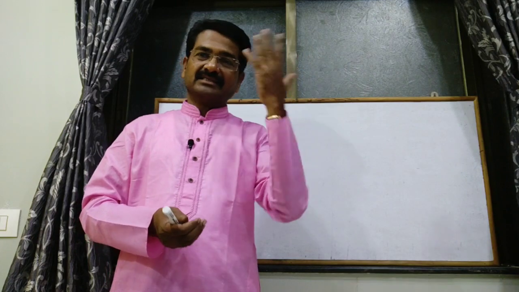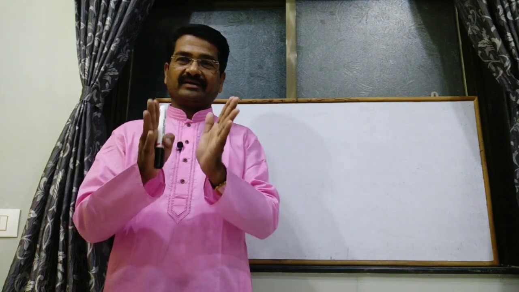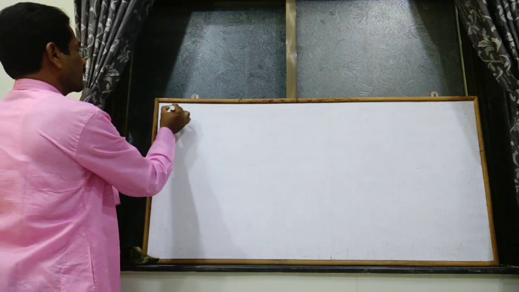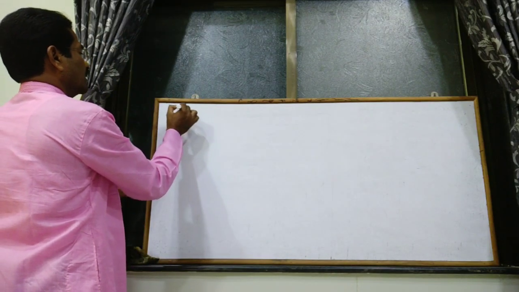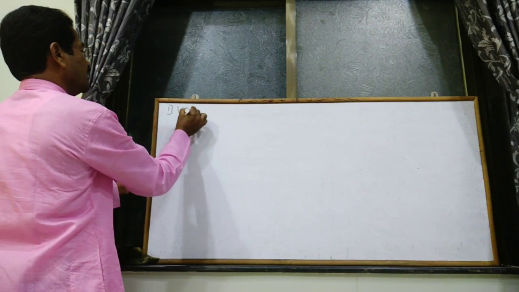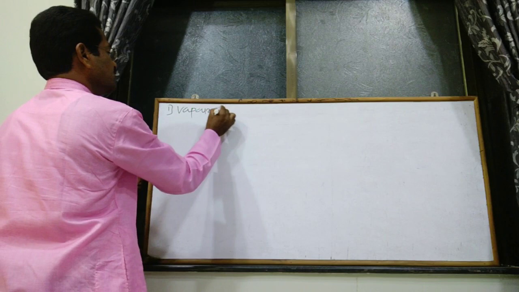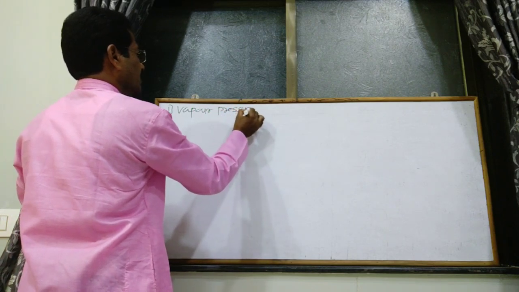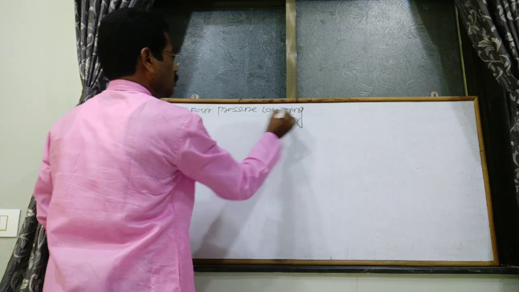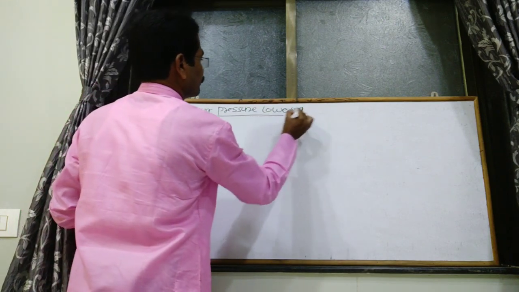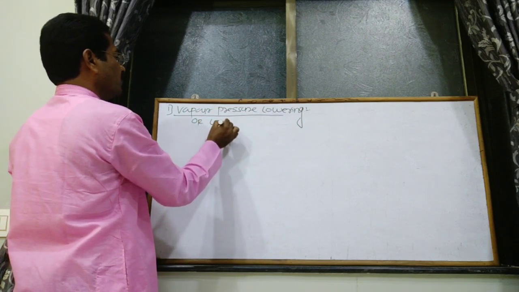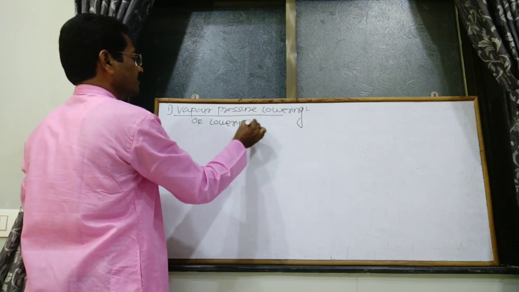In last class, we discussed the first colligative property. The name of that colligative property is vapor pressure lowering, or it is also called lowering of vapor pressure.